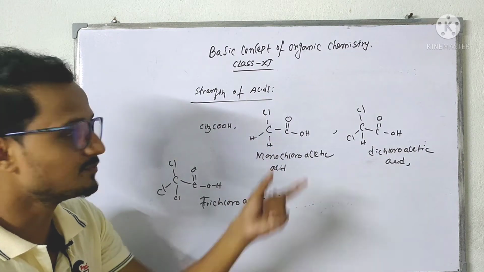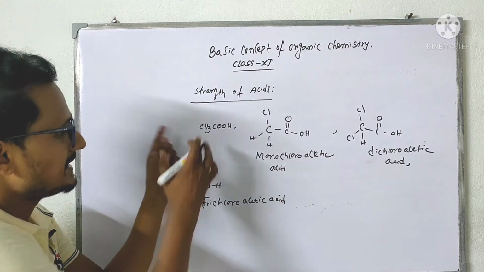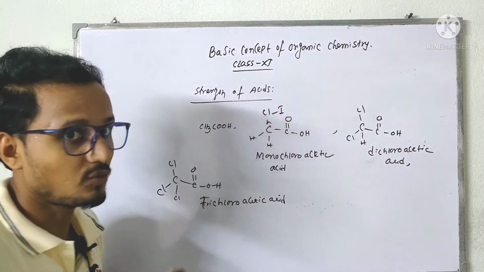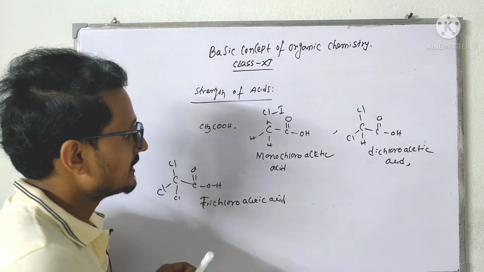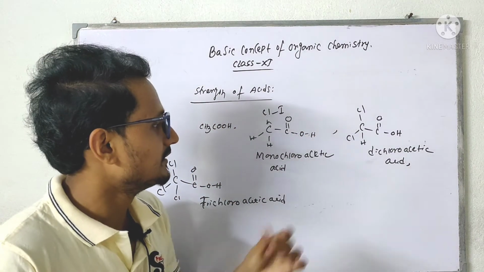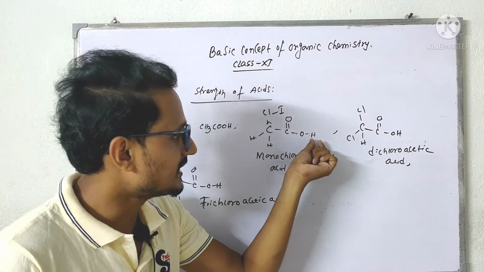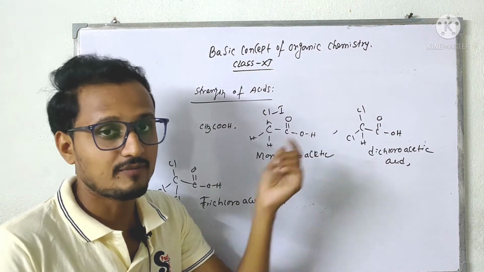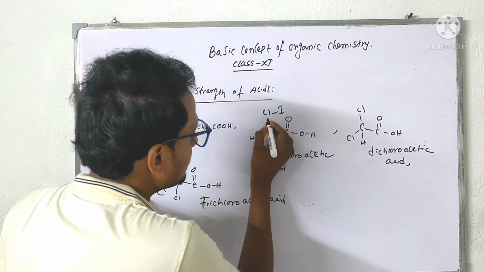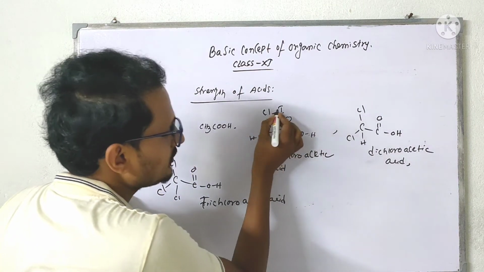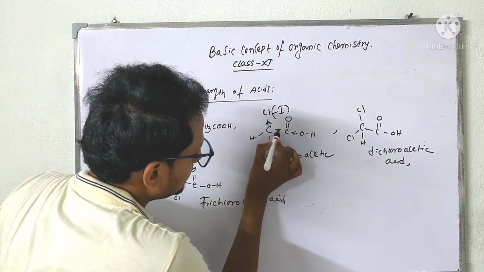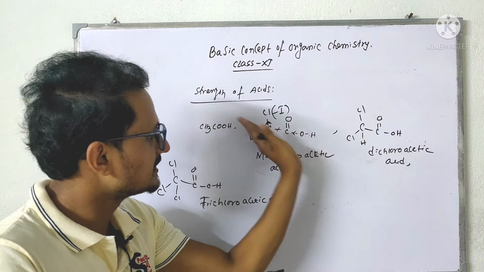So we have to see which group is attached here. In acetic acid it is normal, but here it is a minus I effect group, one minus I effect group. Now what it will do? If the H plus ion from an acid releases easily, that will be more acidic. Now here, by the minus I effect of one chlorine atom, the electron density will move towards here.